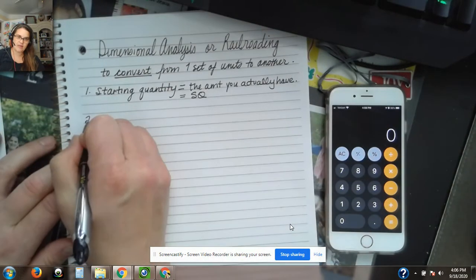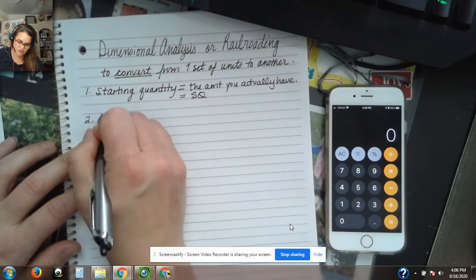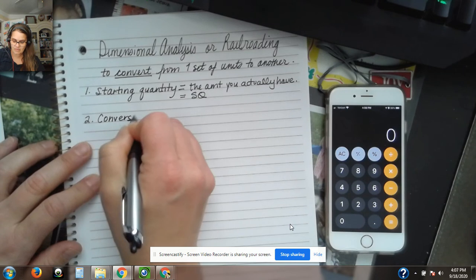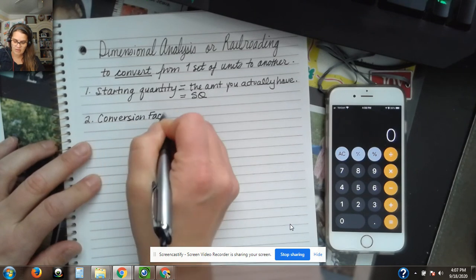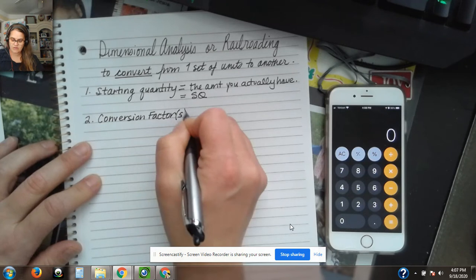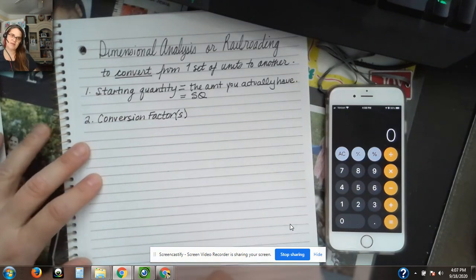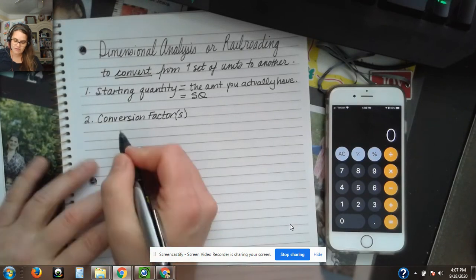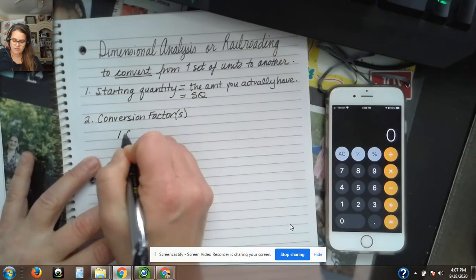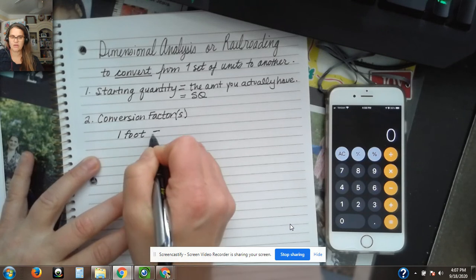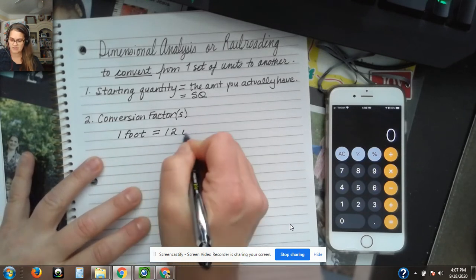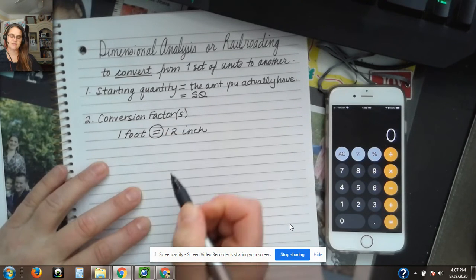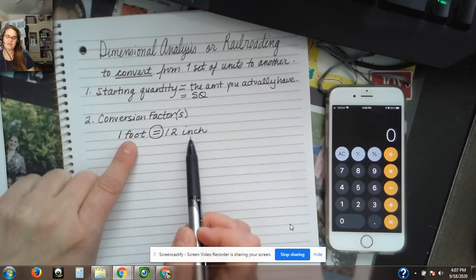The second thing that you need is conversion factor or factors. And so let's talk about some of the things that make something a conversion factor. So if you say 1 foot is equal to 12 inches, this is a conversion factor, and the equal sign tells us that we can convert from feet to inches.